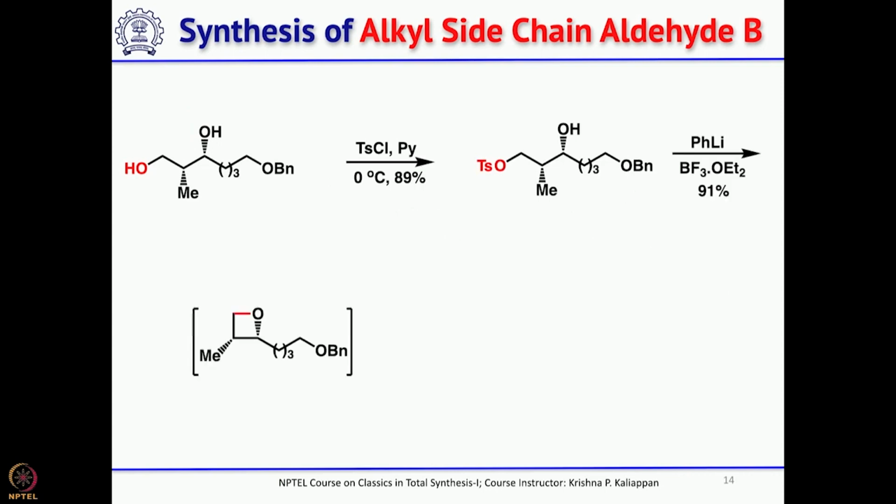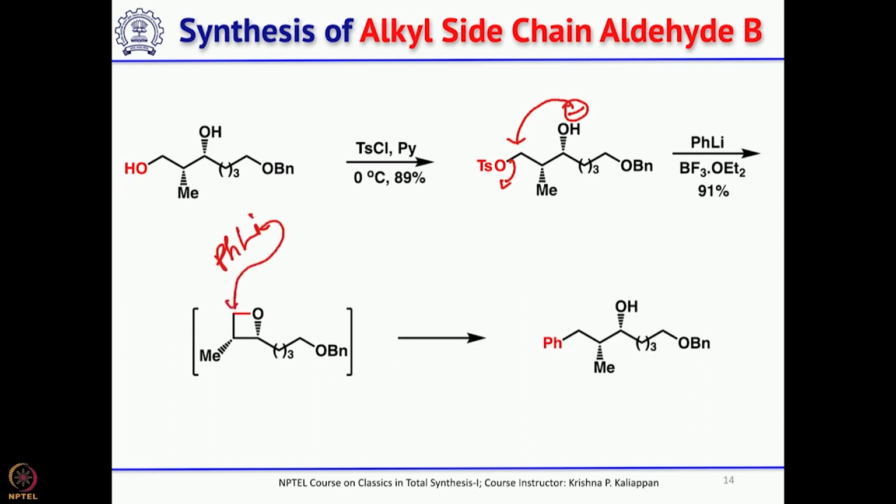Now if you treat with phenyl lithium, what it can do, it can remove this proton and then intramolecularly attack to form an oxetane ring, followed by addition of another equivalent of phenyl lithium that can attack the oxetane and open it to introduce the phenyl group. So basically what has been done is to replace this hydroxyl group with a phenyl group.